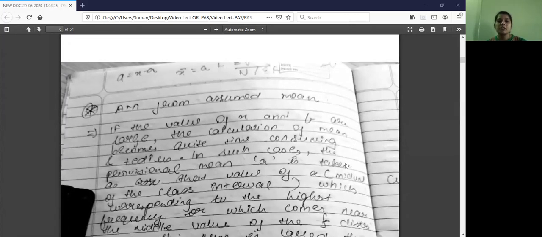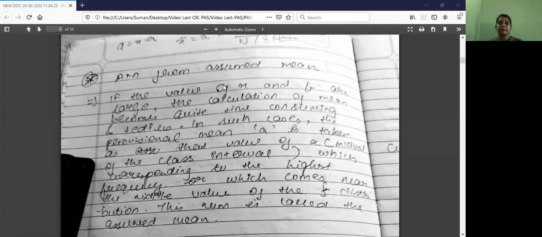Okay, next question is arithmetic mean from assumed mean. What is the meaning of the assumed mean? Assumed mean means we consider any value from our column of x. If the values of x and f are large, the calculation of the mean becomes quite time consuming and tedious.